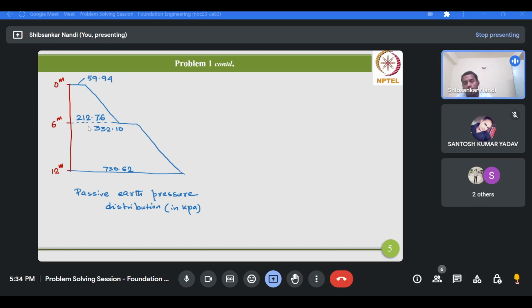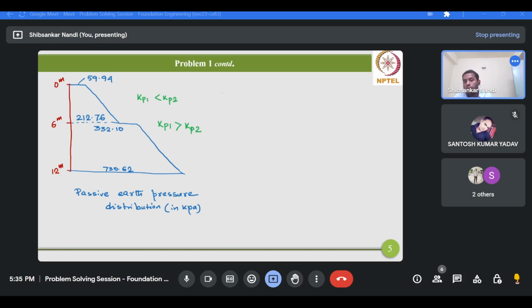So obviously this distribution will not be this one. For this problem your kp1 is less than kp2. Now you are telling me that kp1 is greater than kp2. At the interface you have to check basically.